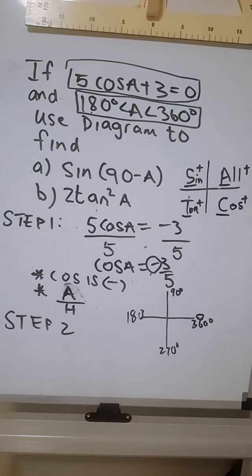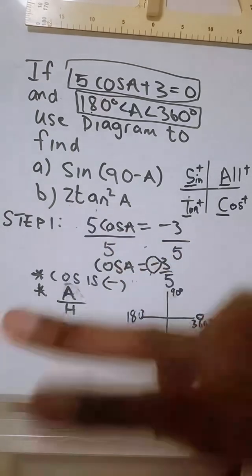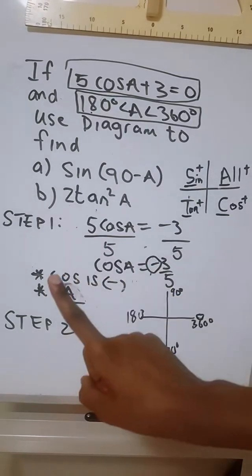All right. So remember, the first thing we did is we isolated the trig ratio cos, and then we learned two things. One, cos is negative. That's the first thing we learned.